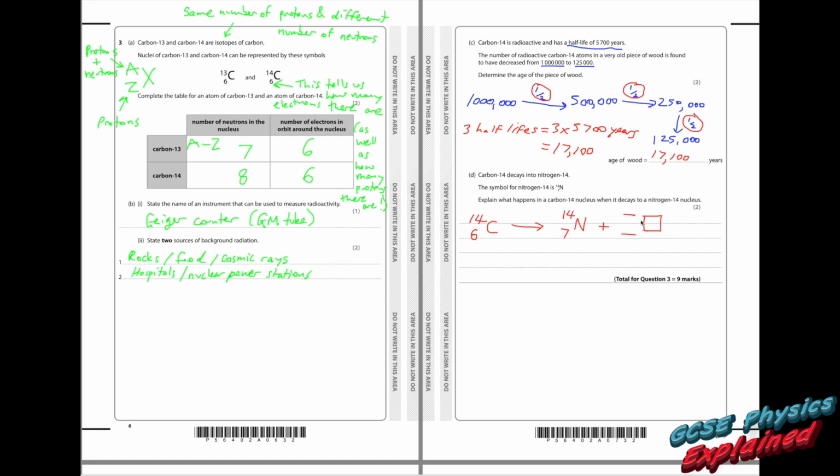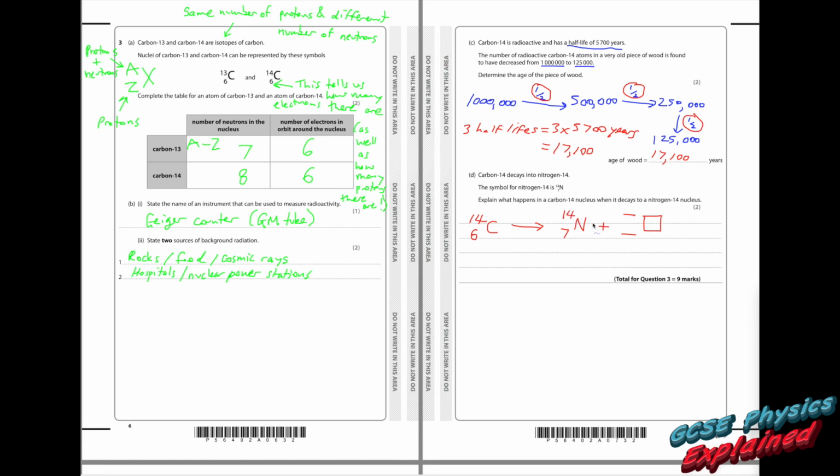Now, this is a question in itself sometimes, finding out what this thing here is. The rules when you're balancing these nuclear equations are these numbers on the top, on the right of the arrow, have to equal the numbers on the top on the left of the arrow. I've got a lovely video that shows you all about radioactive decay. Click the link at the top of the video.